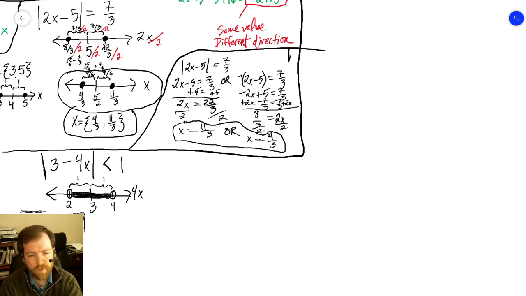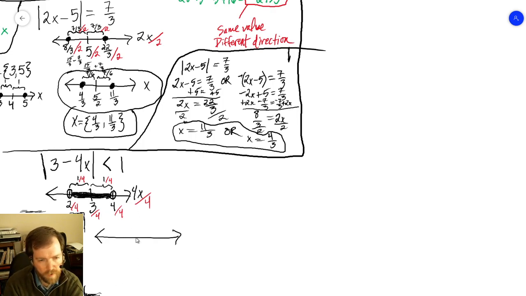Okay, and then like before, we need to put this back to just x. So divide everything by 4, including our distances up here. And then we just have to rewrite and simplify. So we have a 3/4 in the middle. On the upper end, we have a 4/4, or 1.